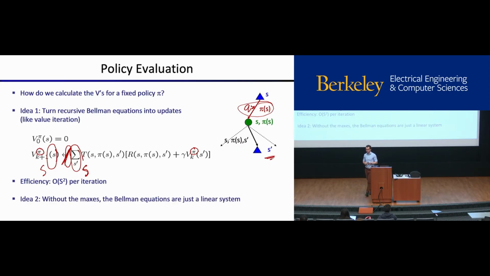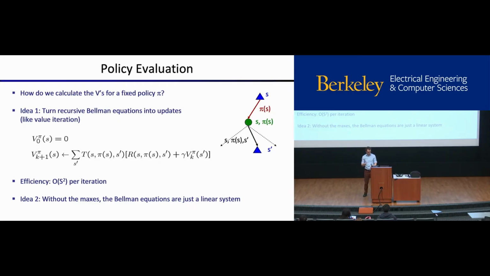So here's another thought. Maybe I can clear off the slide a little bit and make this clearer. Without the maxes, this is a much simpler equation. We have V, which is a vector, or a system of capital S equations with capital S unknowns, one value for each state.